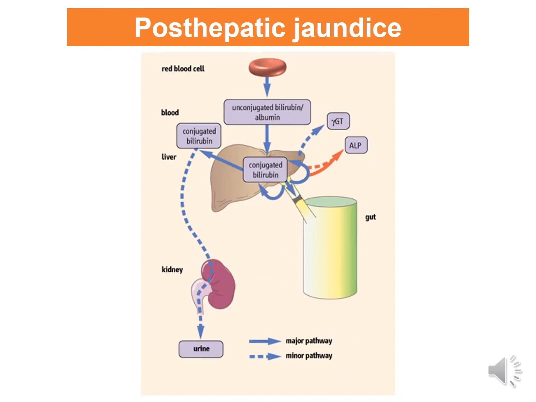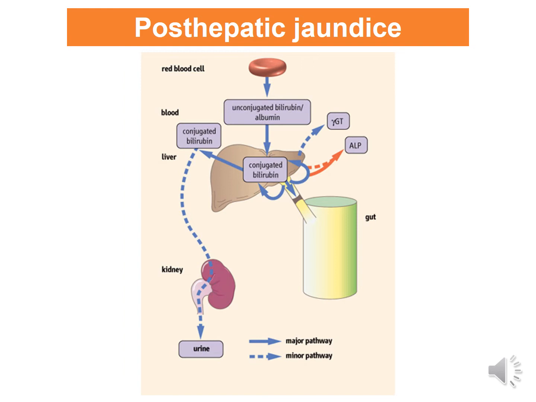And posthepatic jaundice. This jaundice is caused by the obstruction of the common bile duct and extrahepatic cholestasis. The presence of a tumor or bile stones may block the duct, preventing the passage of conjugated bilirubin into the intestine. Patients with obstructive jaundice experience pain and nausea and produce stools that are pale clay color.